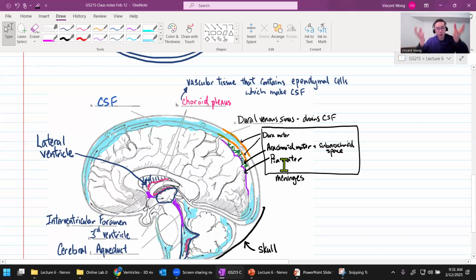So it creates buoyancy to help the brain float, protects the brain from concussion. It helps distribute nutrients and actually helps distribute neurotransmitters as well. All right, very busy diagram.